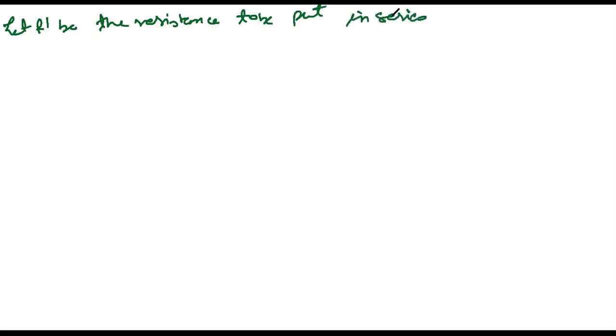Next part you should see. Let R dash be the resistance to be put in series with the bulb when connected to 200 volt supply.